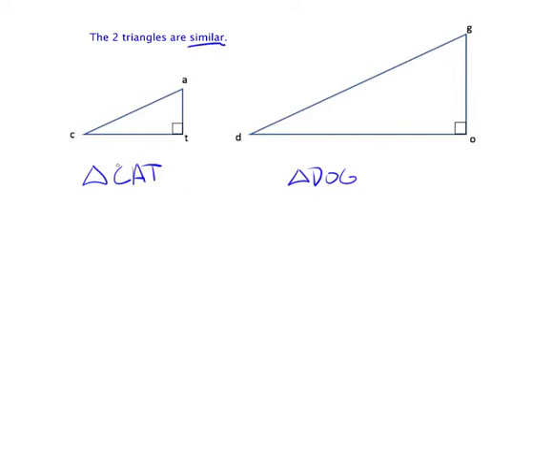If you notice, we started with the C, which is this one here, then we have A as the next one, and we end with the right angle T. The dog triangle was named D, O, so the right angle is in the middle here, and the right angle over here is the T. Those are the corresponding angles, so we have to get them in order.